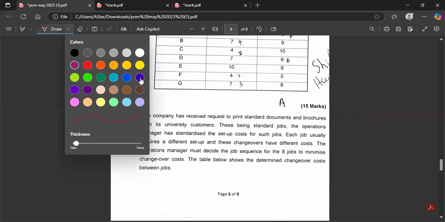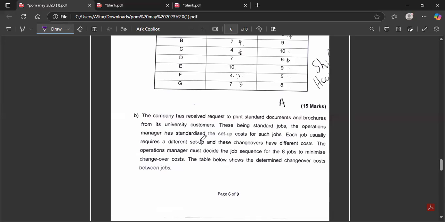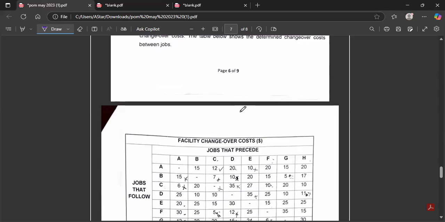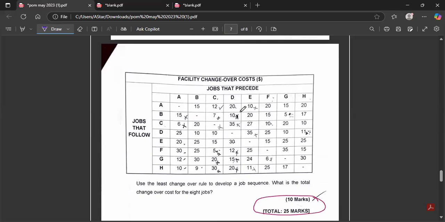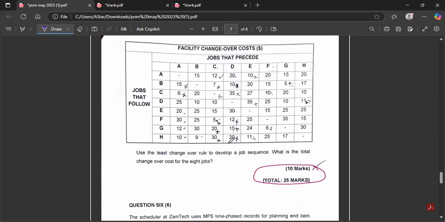Each job usually requires a different setup, and these changeovers have different costs. The operations manager must decide the job sequence for the 8 jobs to minimize changeover costs. The table below shows the determined changeover costs between the jobs. Okay, so now you have this problem.